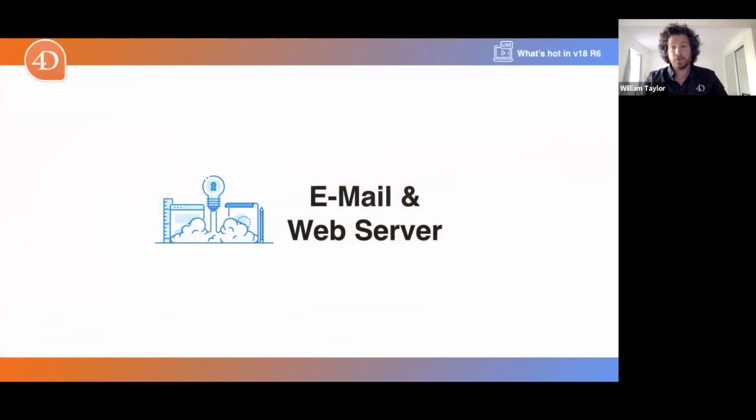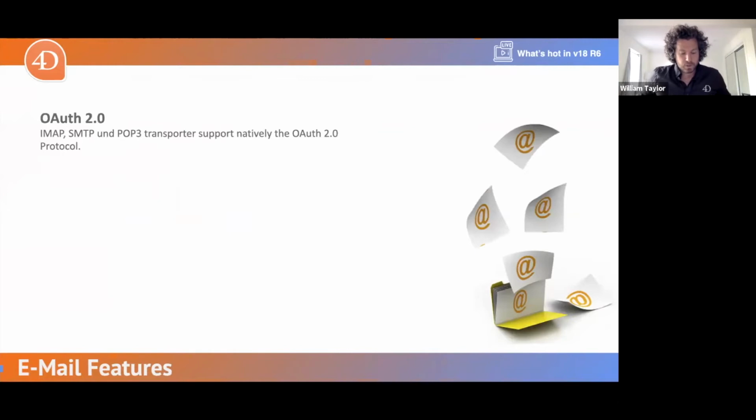So first topics are going to be the email and web server improvements in 4D. We've added three new main features to emails. The first one is the ability to connect your IMAP, SMTP, or POP3 transporter natively via OAuth 2.0 protocol to your email server.